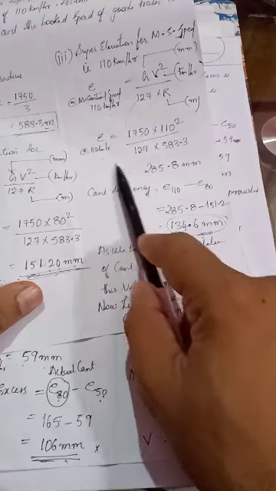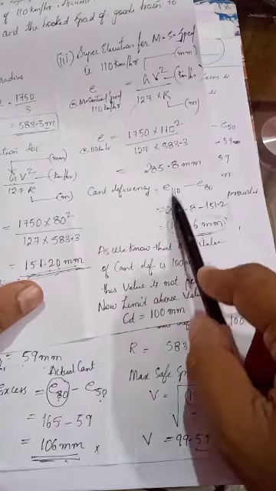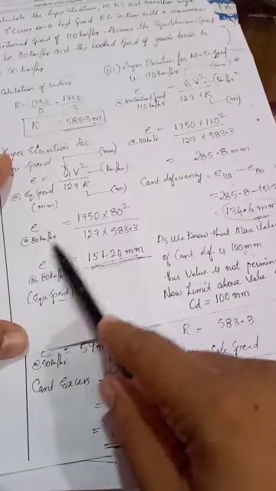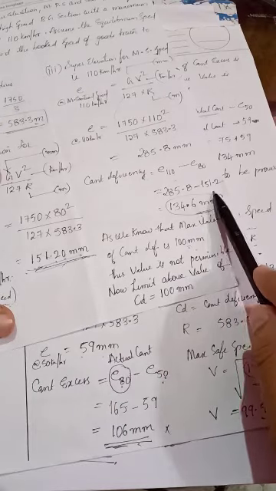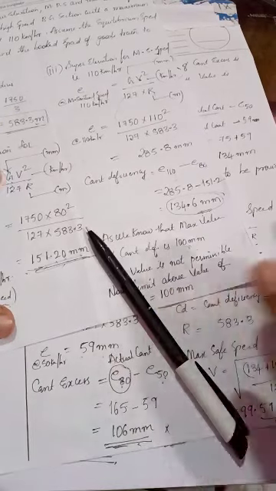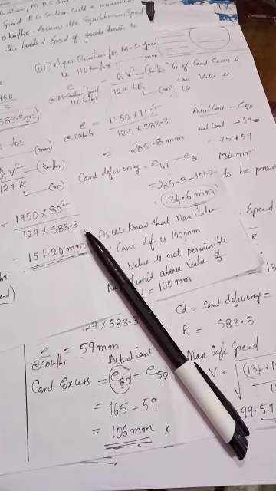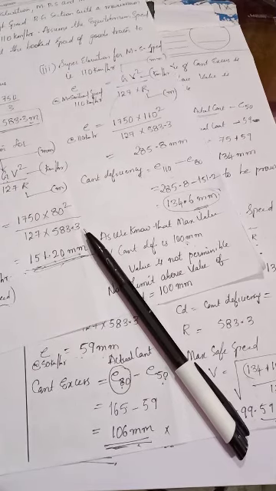Super elevation for 110 km per hour is 285.8 mm. Super elevation for 80 km per hour is 151.2. The difference is 134.6 mm, which is the Kant deficiency.